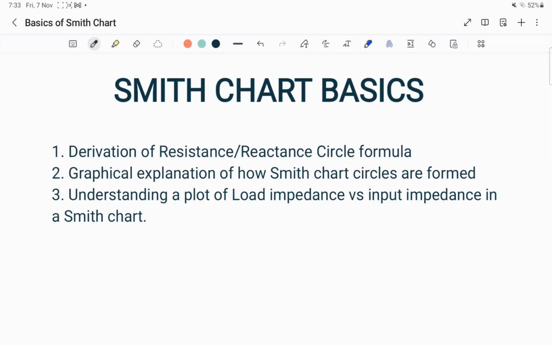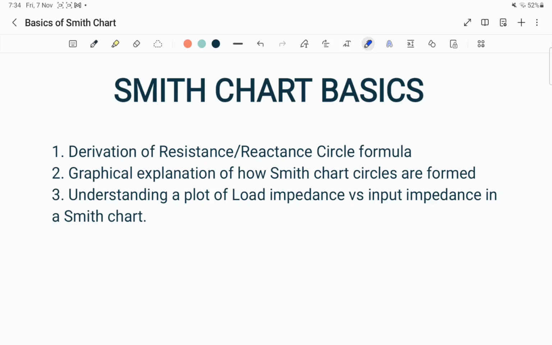In this lecture I am going to cover one of the most important topics of Smith chart, which is understanding a plot of load impedance versus input impedance in a Smith chart. Now in order to understand this, you need to have a clear understanding of the derivation of the resistance and reactance circle, as well as the graphical explanation of how Smith chart circles are formed.